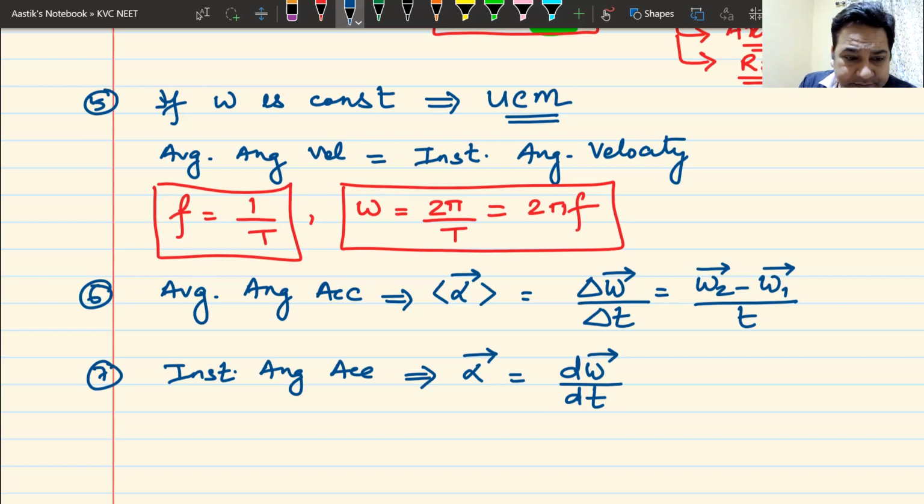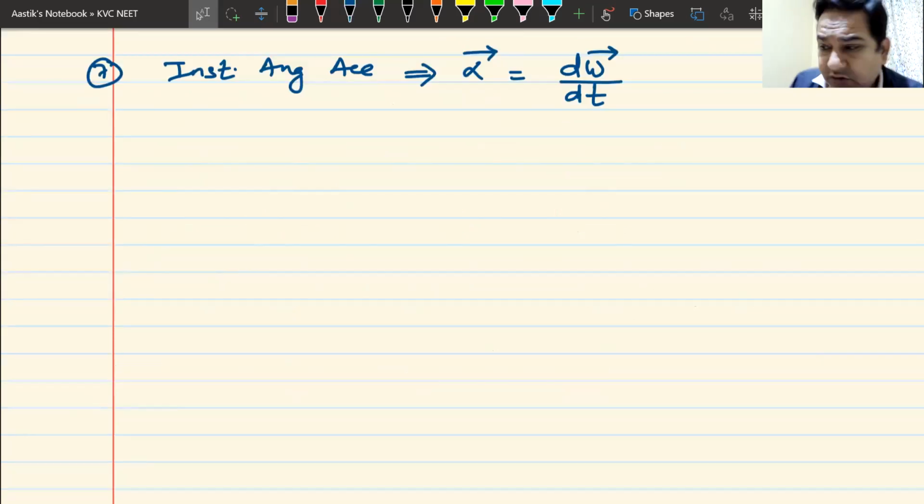Now remember, before solving any question, we must also remember that whenever we are solving any question in circular motion or rotation, see, this is an axis on which things can rotate. Now there can be infinite number of axes on which bodies can rotate or perform circular motion.